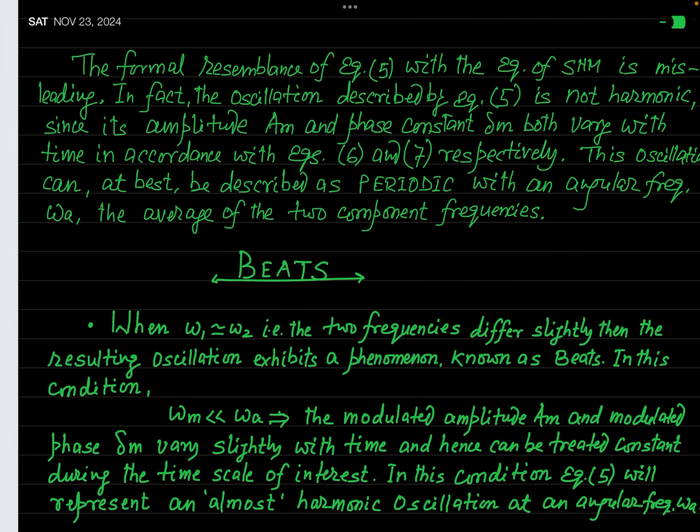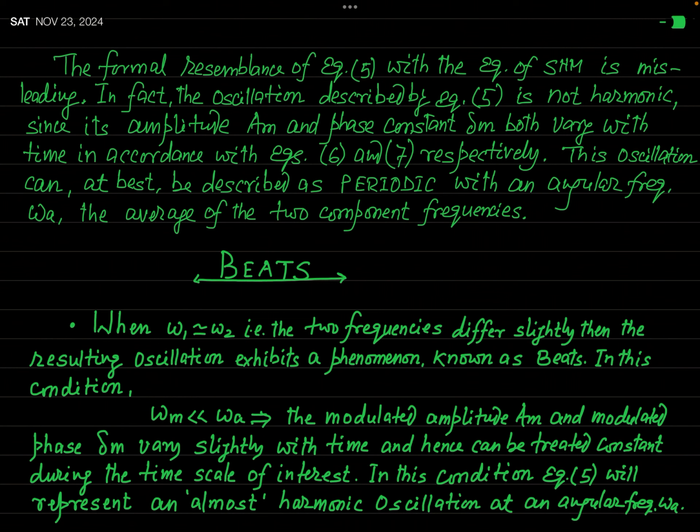But what will happen when omega_1 is not very different from omega_2, or in other words, when omega_1 and omega_2 differ from one another only slightly, they are almost equal? Then, when the frequencies of the superposing oscillations are very close to one another, after superposition we will get a simple harmonic motion.